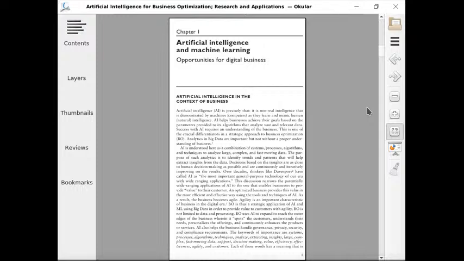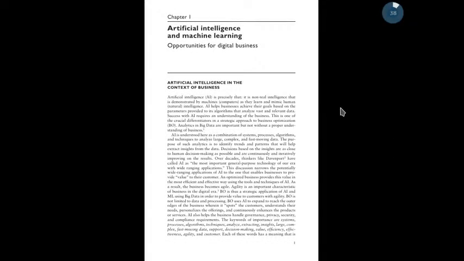Okay, so today we review some materials about AI and its application in business.